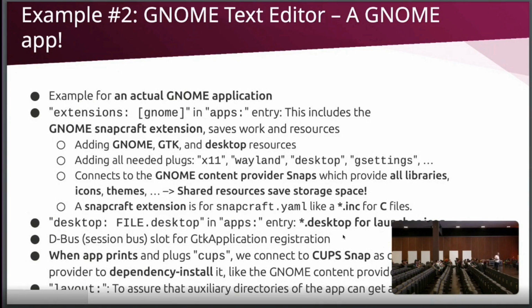And so the GNOME extension takes care that these snaps are included, so that when you install the snap from the Snap Store, automatically the GNOME snap and any other content provider snap needed is installed, like a package dependency. And this is the only form in which you can have package dependencies in snaps.